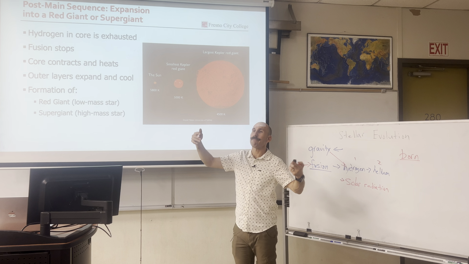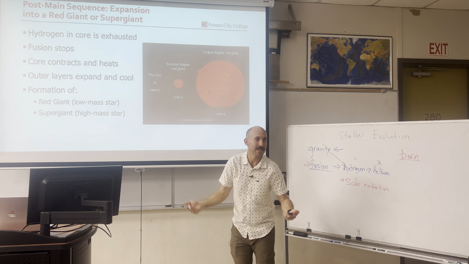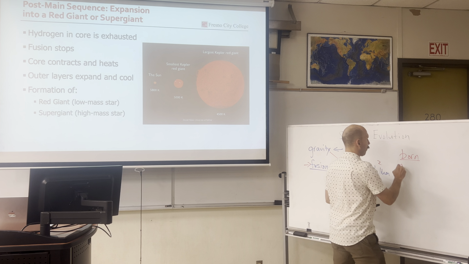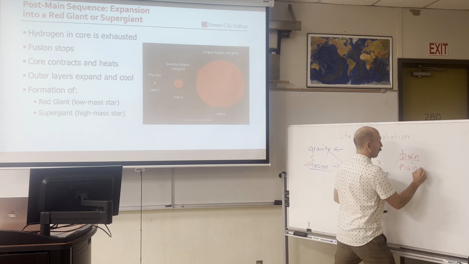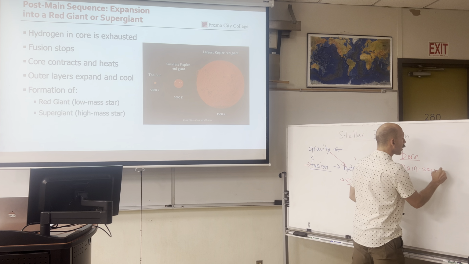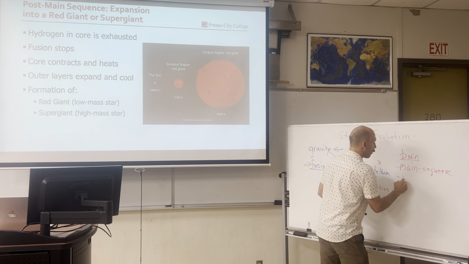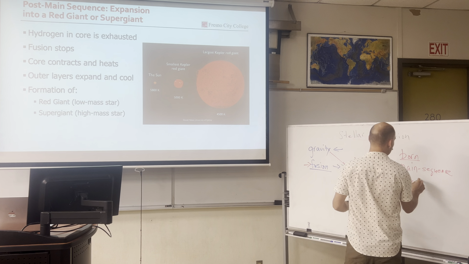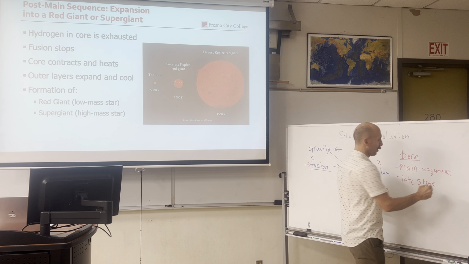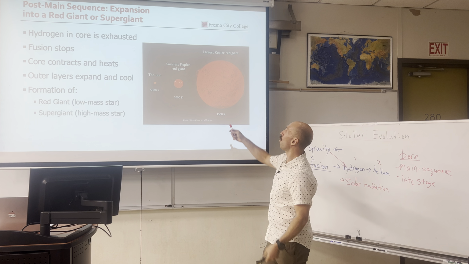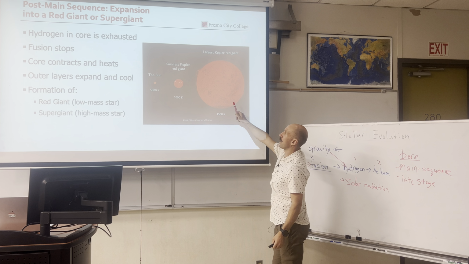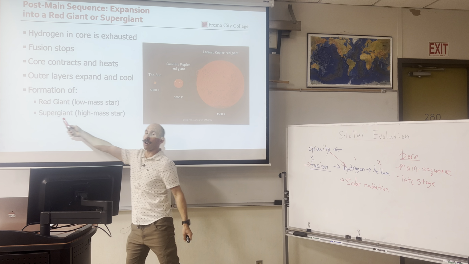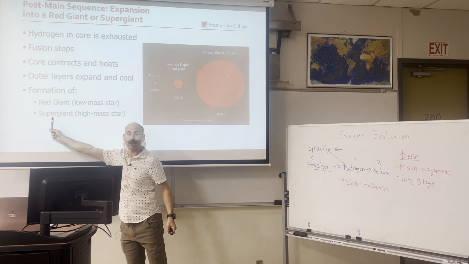Yellow stars are main sequence stars. They're of medium size. We call them main sequence. Stars can continue to grow and become late stage, post main sequence. They can grow into what are called red giants. They can continue to grow into what are called supergiants.